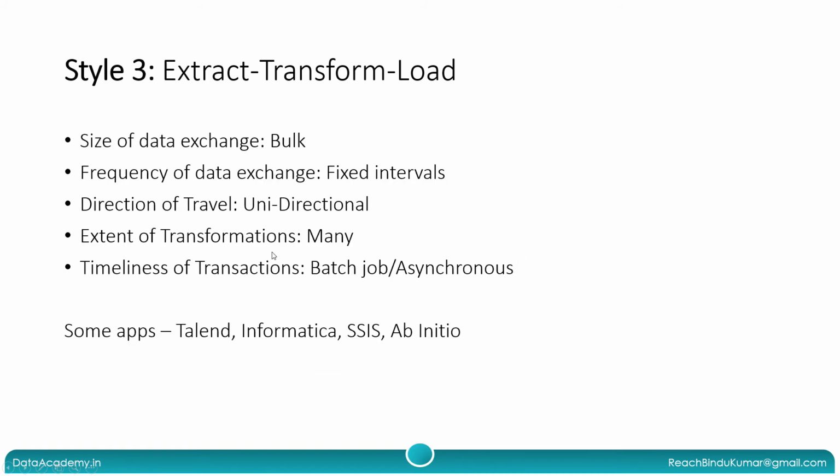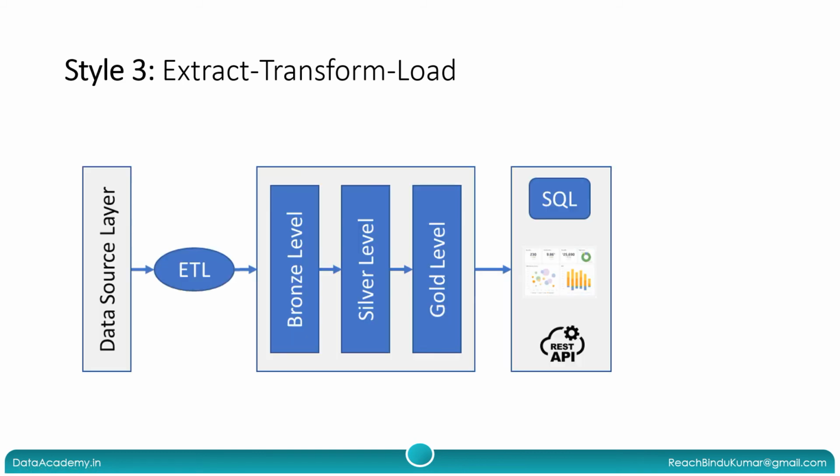Then, extent of transformations. So as I already mentioned a minute ago, you apply many different kinds of transformations as the data moves through. So, for example, standardizing a name or changing a data format, removing a time component, or maybe fixing some data quality issues.